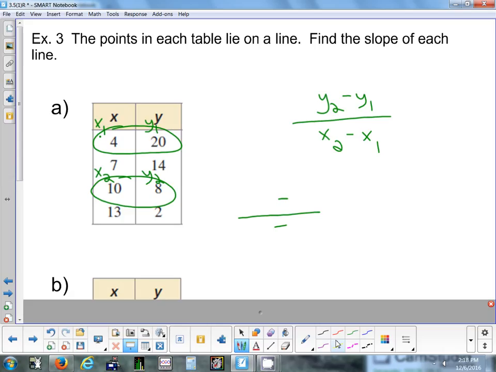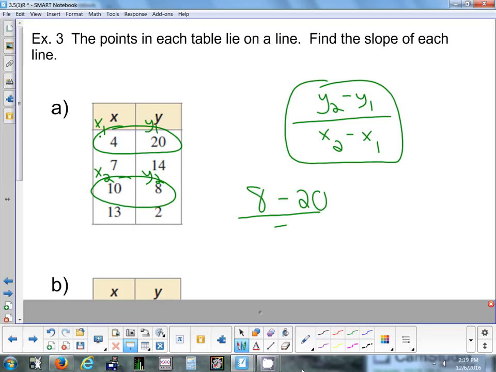All right, so now I'm going to plug them into my formula. Hannah, the top of my formula, what numbers am I going to put in there? My y's, right? What's going to go here, based on what we wrote here? 8. Very good. And then over here? Y2, 8, Y1, 20.